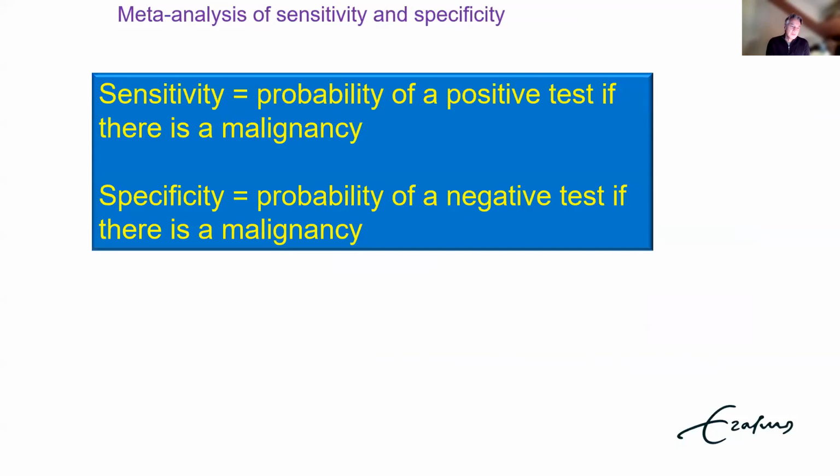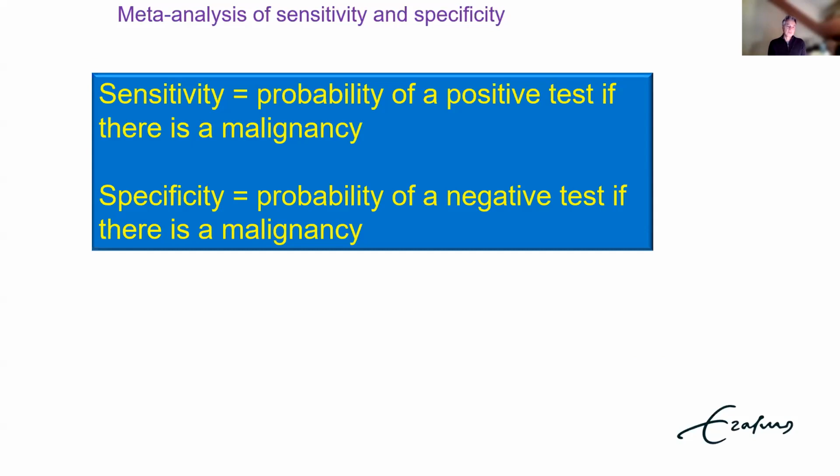And then comes the more analytical part, the quantitative part. And I want to describe to you what we mean here when I'm going to use the terms sensitivity and specificity. Now, in the case of this third application of contrast-enhanced ultrasound, sensitivity refers to the probability of a positive test if there's a malignancy.